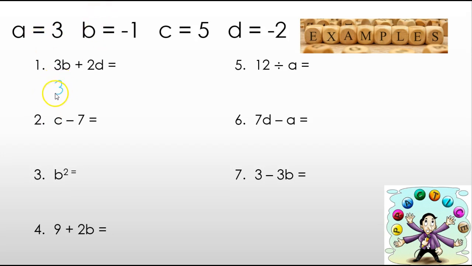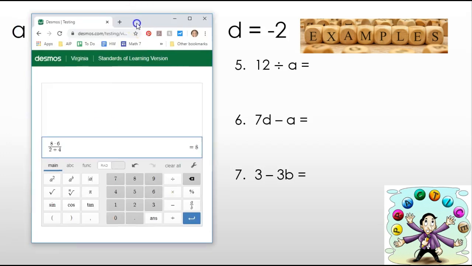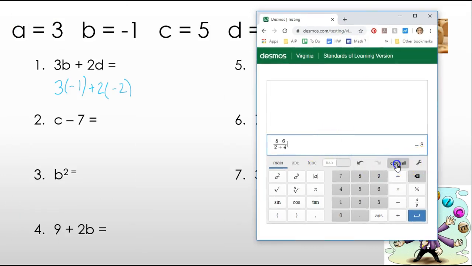So I have 3 times negative 1 plus 2 times negative 2. So I'm going to go ahead and put that in my calculator. I'm going to put in 3 parentheses negative 1 plus 2 parentheses negative 2, and that's going to give me negative 7.